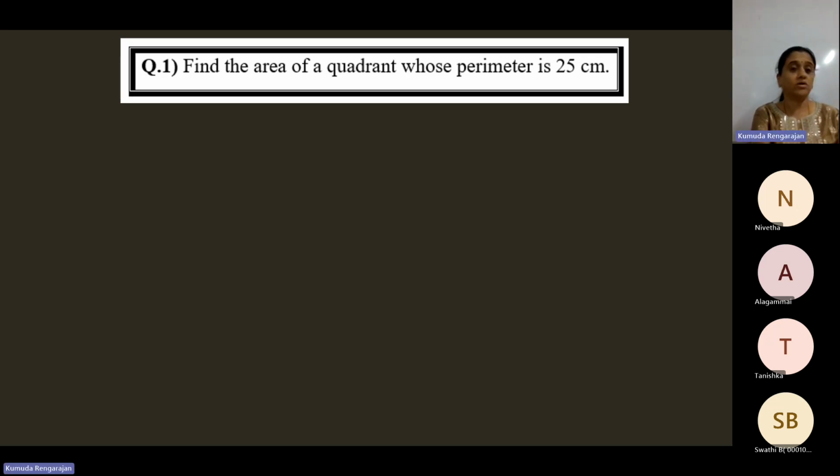No, quadrant is not a quadrilateral. Quadrant is one part of a circle. This is a quadrant.